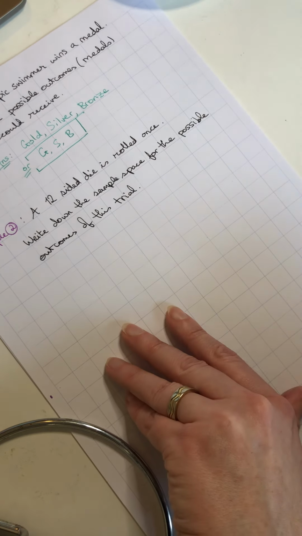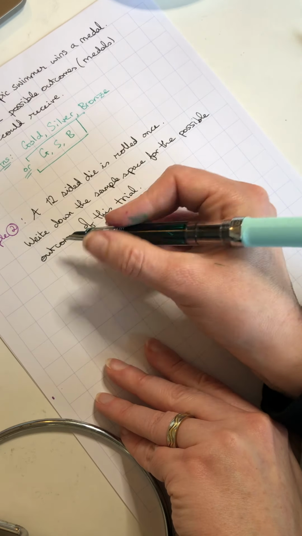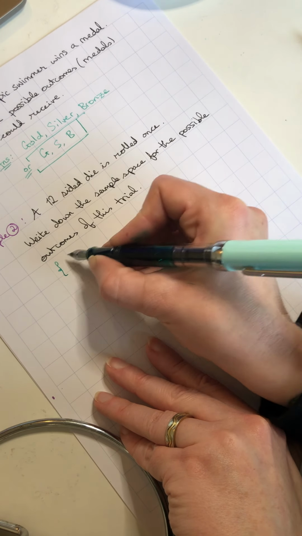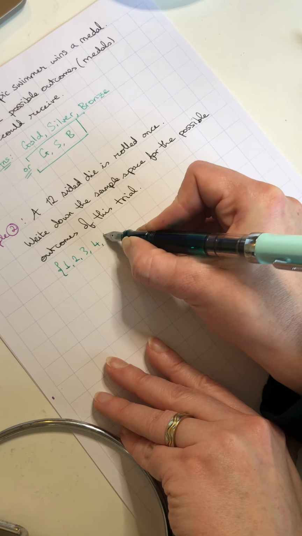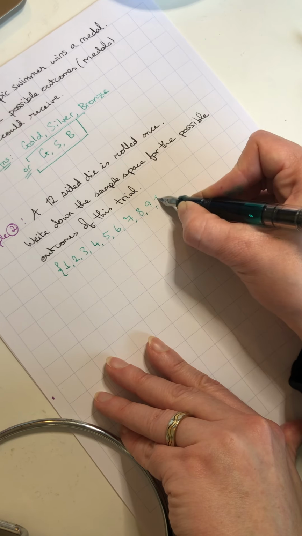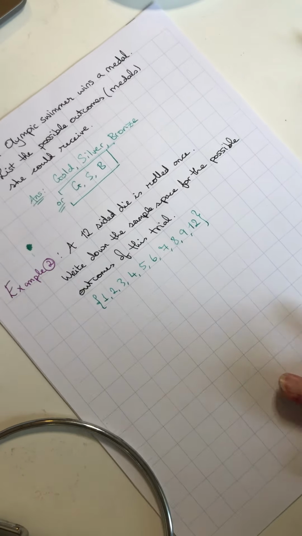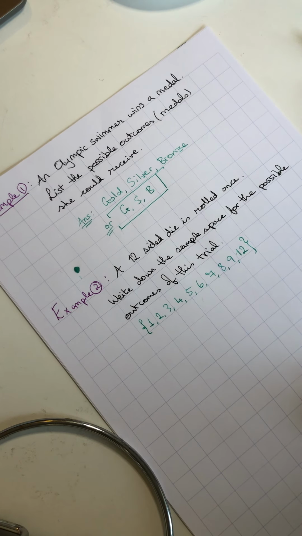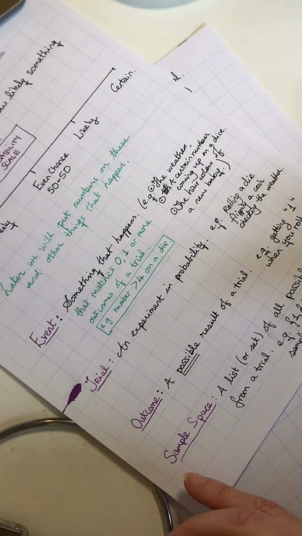Okay, so 100 is not a possible outcome. 3.5 is not a possible outcome. Whole numbers on a 12-sided die would be the numbers 1 to 12, like this. Okay, we're going to be getting on to more complicated examples than this, but I just wanted to start by looking at the very basic idea and the definitions that we have.